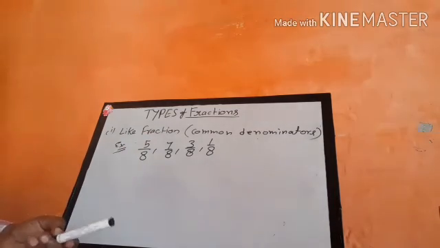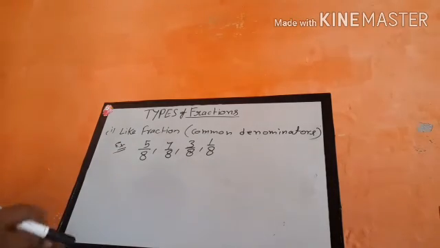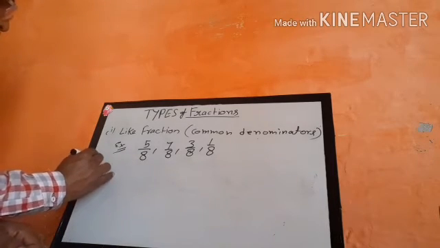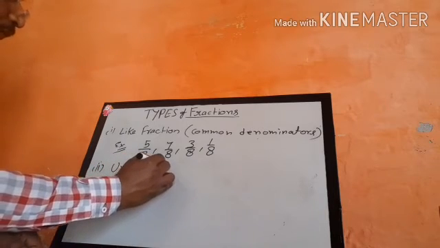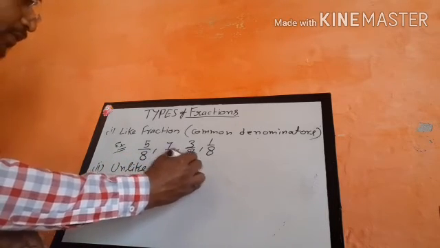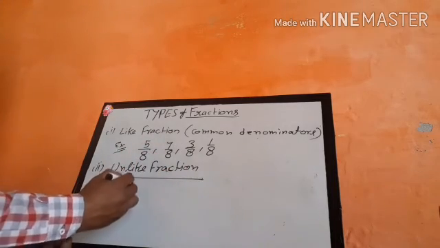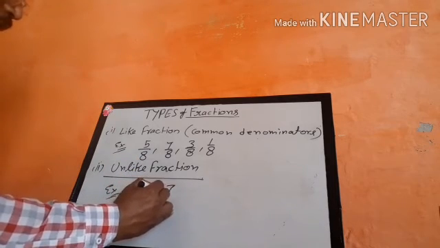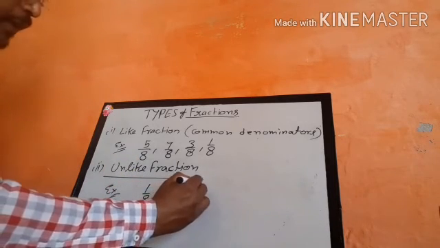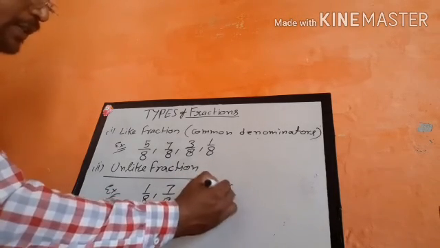So what are unlike fractions? Can you guess? Yes, unlike fractions are those that have no common denominator. For example, 1 upon 8, 7 upon 9, 1 upon 5, 6 upon 7.